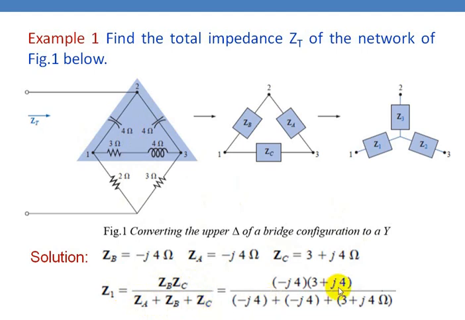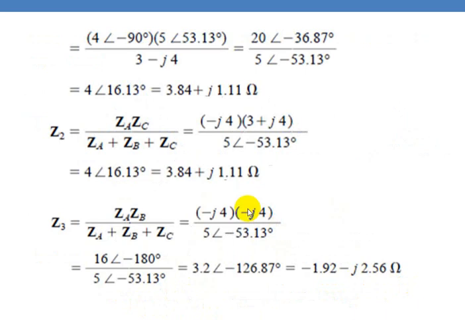If you substitute, you will get the value of Z1, that is 3.84 plus j1.11 ohms. Similarly, find Z2 using the formula ZA ZC divided by ZA plus ZB plus ZC. You will get 3.84 plus j1.11 ohms. Then similarly find Z3, you will get this value as minus 1.92 minus j2.56.